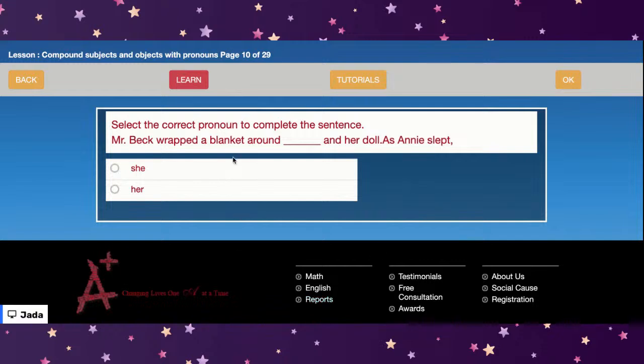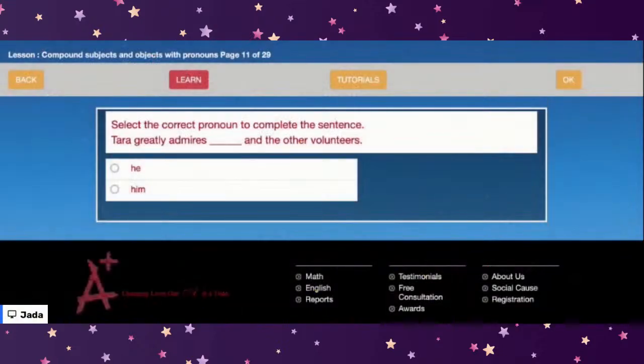Mr. Beck wrapped a blanket around Dash and her doll as Anne slept. So, around her and her doll. Okay.